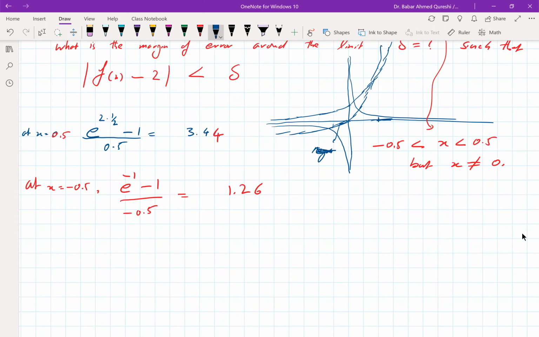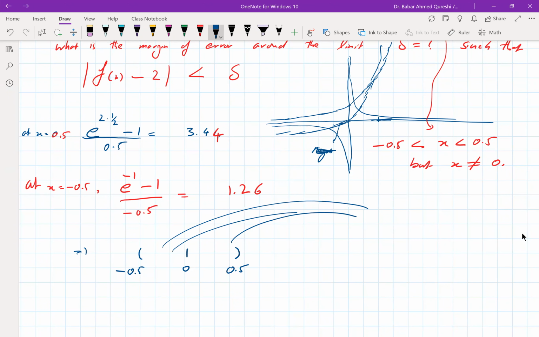So that means that this line between minus 0.5 and 0.5 is all mapped between 1.26 and 3.44, while my claim is that the limit is 2.